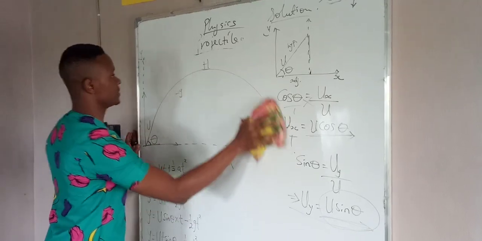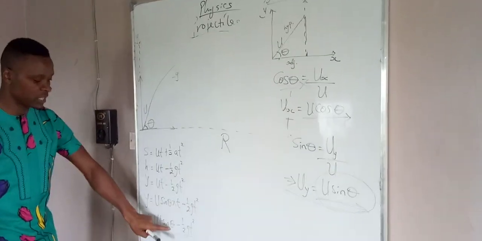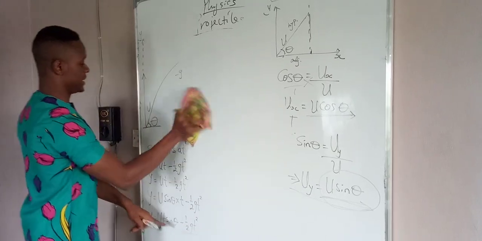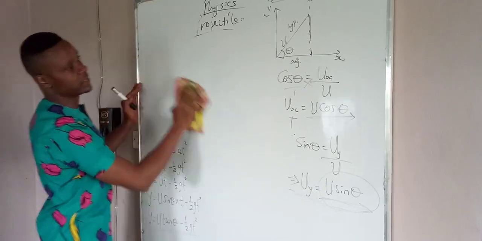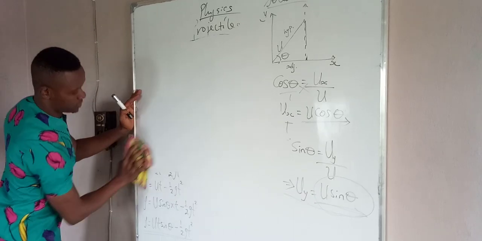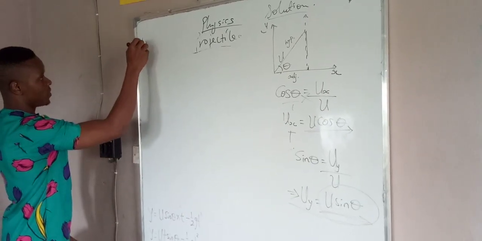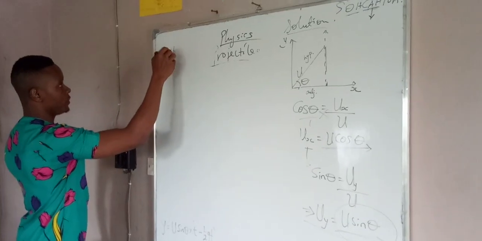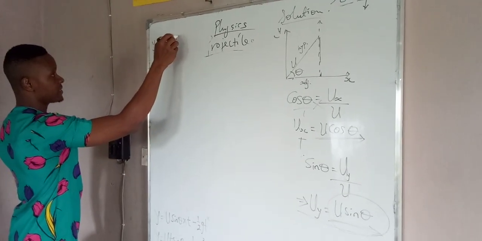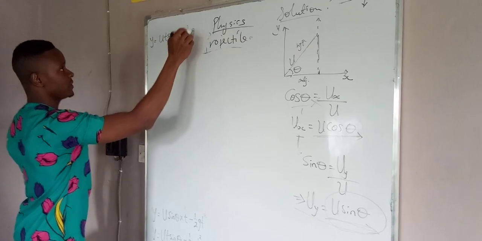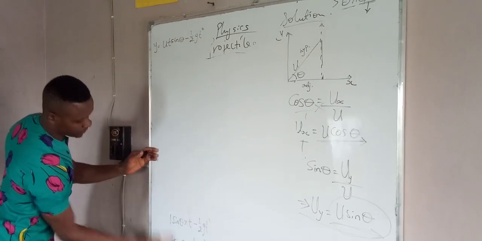I will wipe this, but still recall this expression because it is very much needed in determining this. So we're going to copy that out. We have y equal to ut sine theta minus half gt squared.